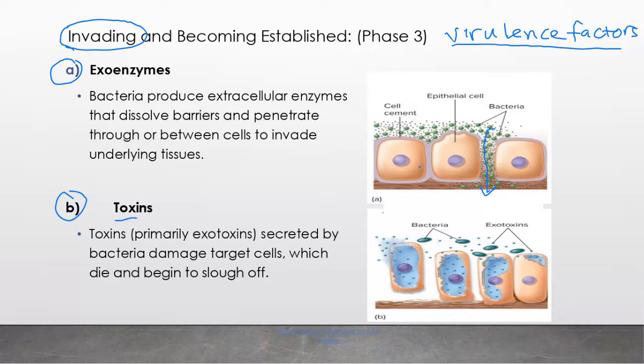The toxins are also produced by bacteria, but they actually enter into the cell. So the cell becomes infected, and then usually it will be destroyed. So the toxin mostly will destroy the infected cell, while the enzyme usually breaks the junction between cells.